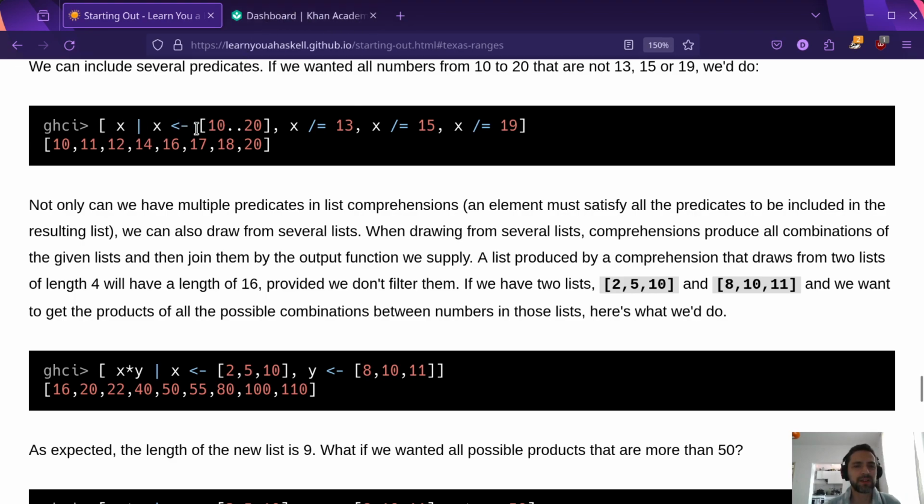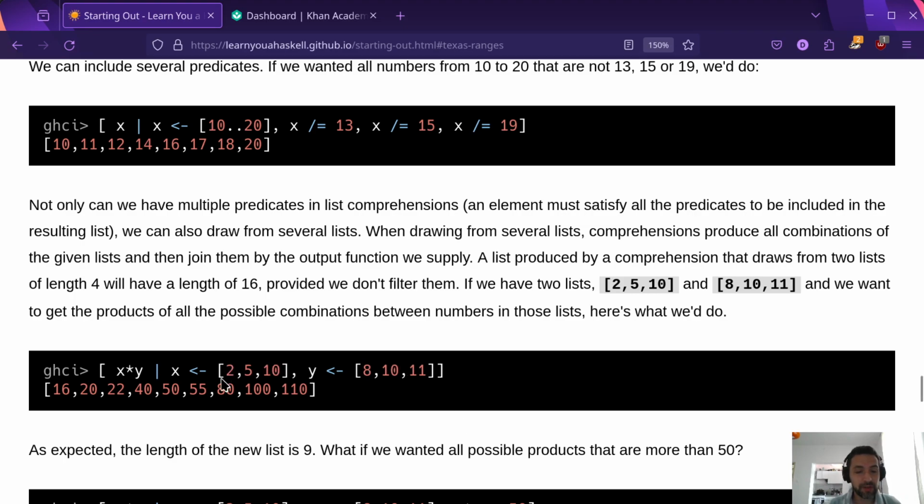Look at list comprehensions: you generate a list of results, and you need to understand how the function works and how it's declared. Check this, multiplying two lists of numbers.